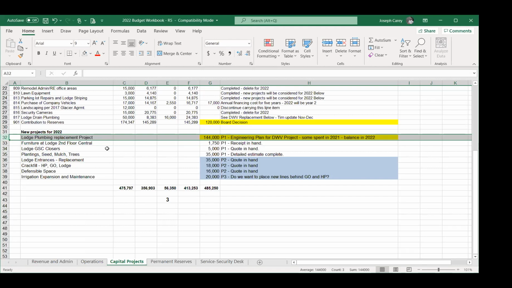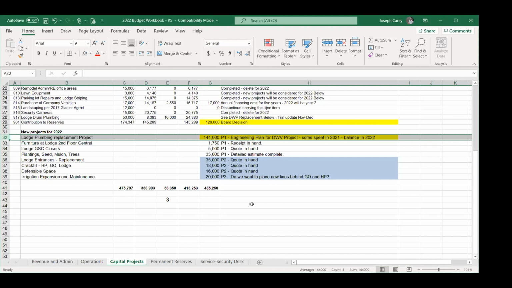Okay. But that $144,000 number does not include a piece of testing that we need to do in the lodge. We have to do an asbestos test in the building. The state of Colorado determines how many tests it is. They are getting a proposal from an asbestos testing company in Denver. I don't have the number yet. I just quickly calculated what I think Colorado might require and what a test costs.